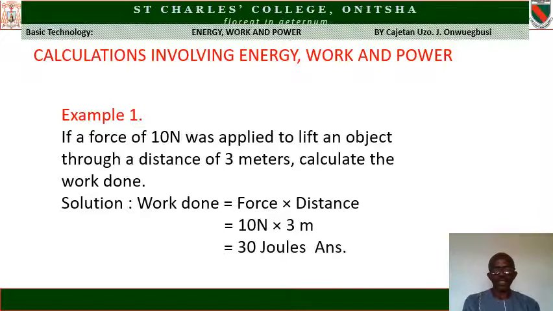In solving this, you first of all write the formula. Work done equals force times distance, which is equal to force of 10 Newton times distance of 3 meters. That will give you 10 times 3, 30, and the unit of work is joule. So 30 joule is your answer.